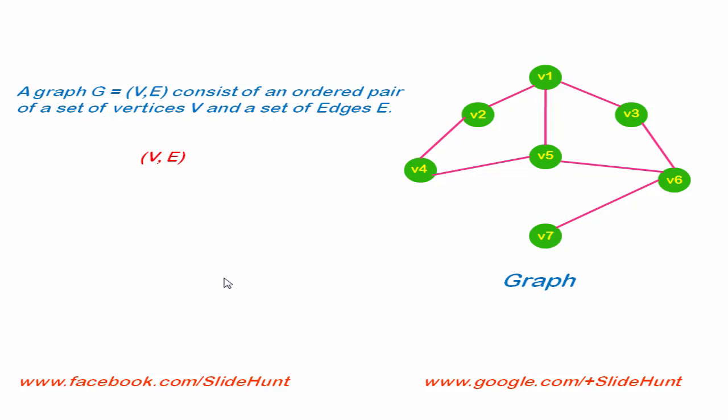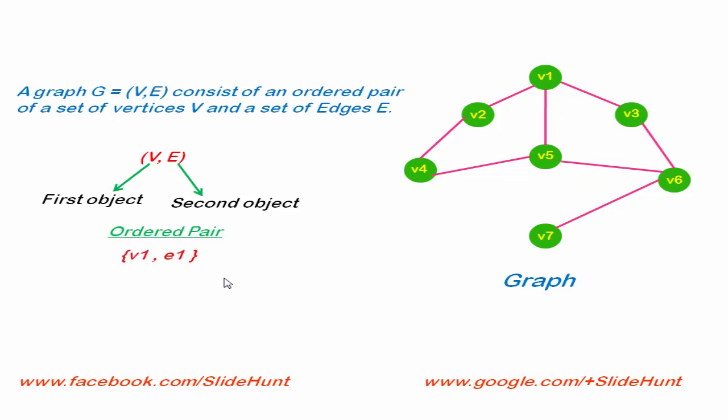Here objects are separated by a comma. Here V is the first object or a set of objects and E is the second object or set of objects. For a graph, the first object is always a vertex set and the second object must be an edge set. That's why we call it an ordered pair.